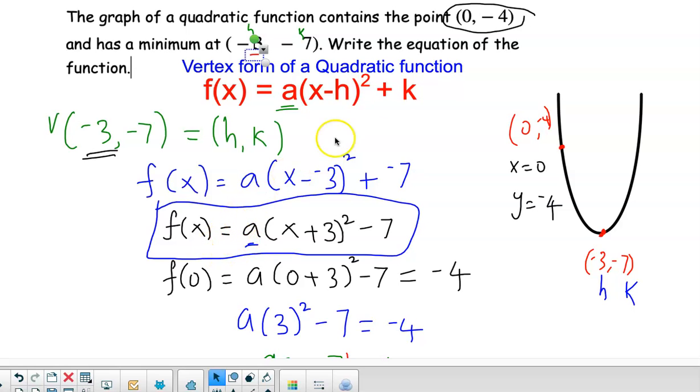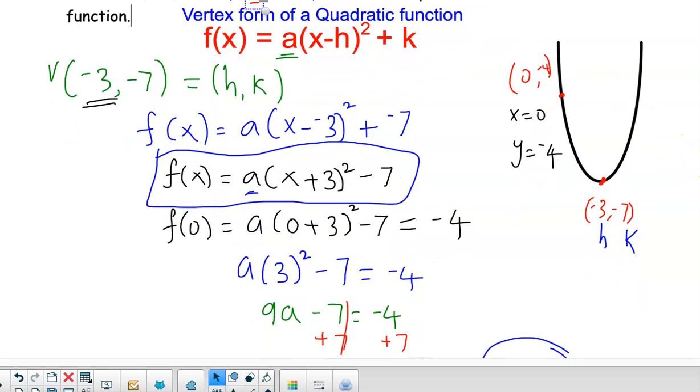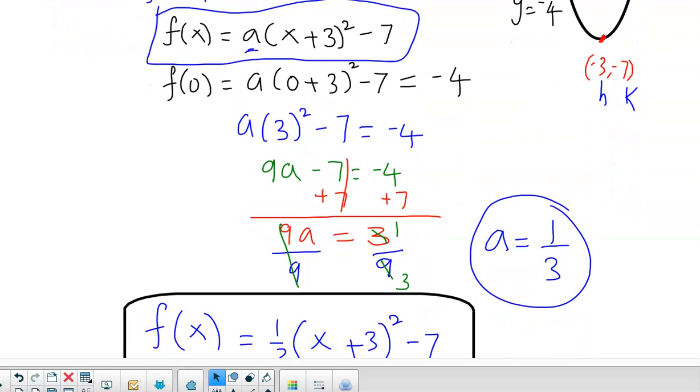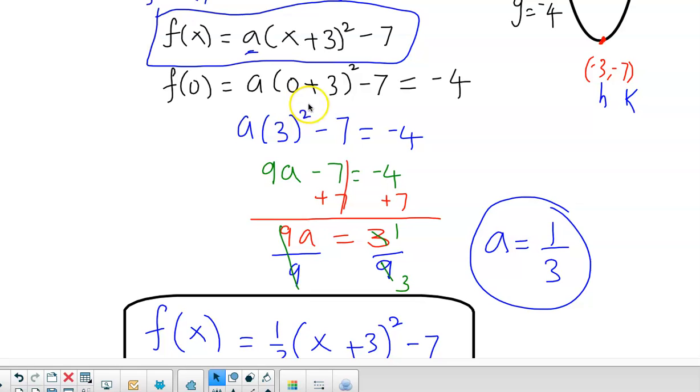To get that value of a, you made use of the second information, (0, -4). Taking x equal to 0, y becomes -4, substituted and simplified, and you got your result.